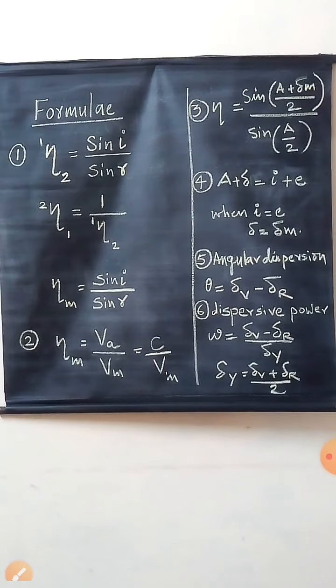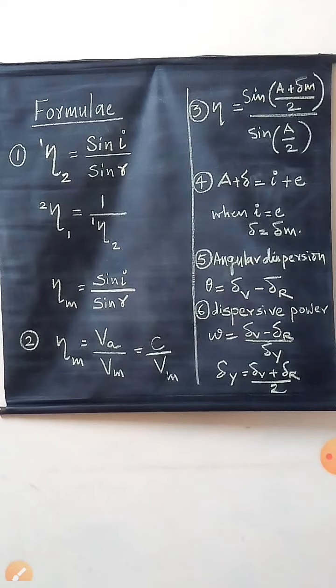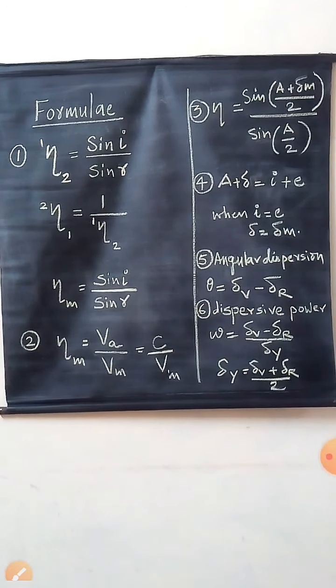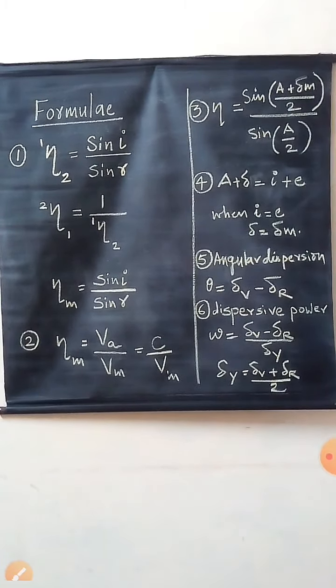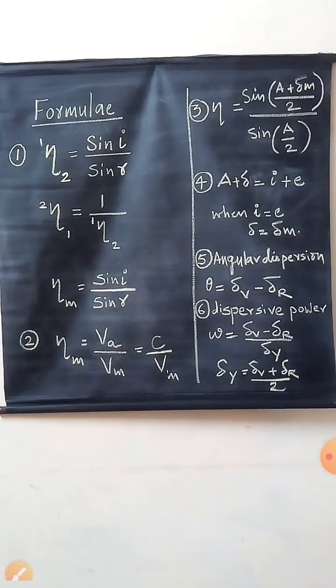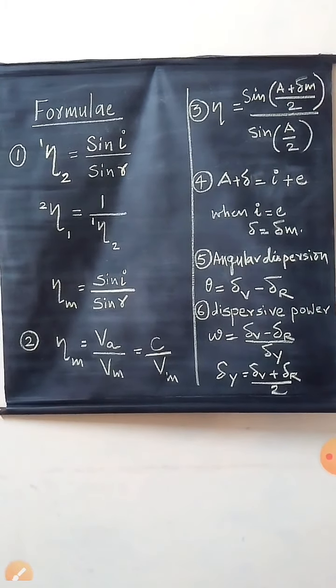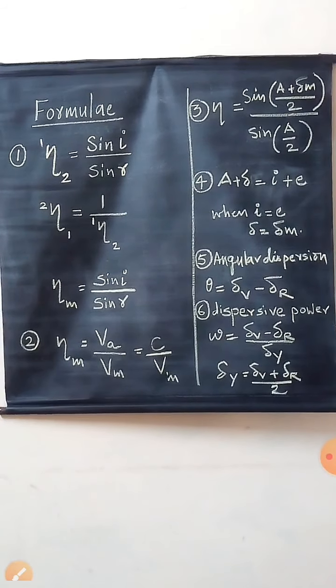We have seen that dispersive power omega is the ratio of angular dispersion to mean deviation. So angular dispersion delta V minus delta R divided by mean deviation. Here yellow color is considered as mean, so divided by delta Y. Now delta Y can also be calculated as the mean deviation, which is delta V plus delta R upon 2.